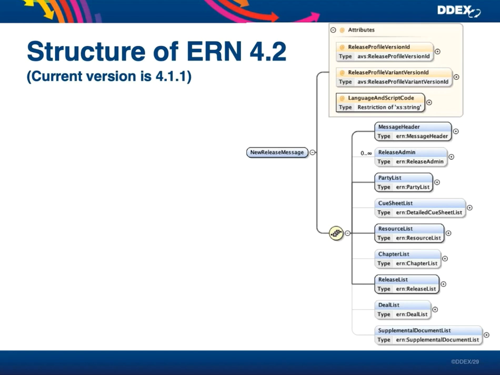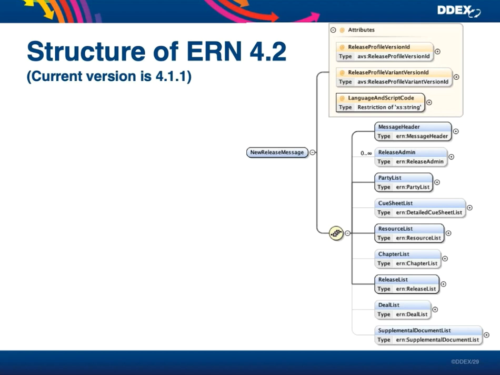So this is the structure of the ERN message. In blue, you have the major composite. You have a message header, which contains the usual information: who sends what to whom, when was the message created. Quite important, is it a test message or is it actually a message that contains real data that should be used for production systems?